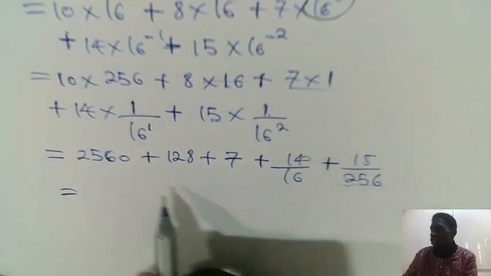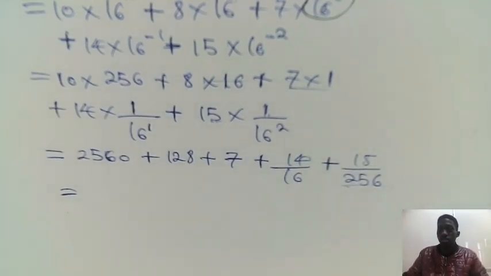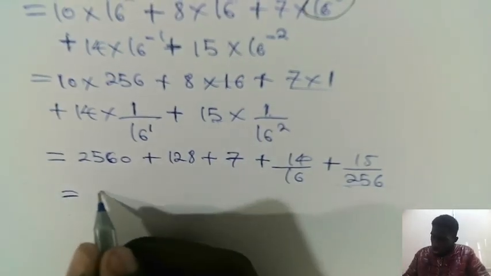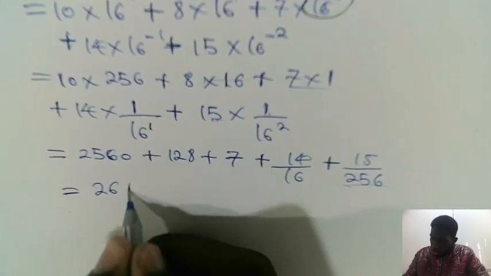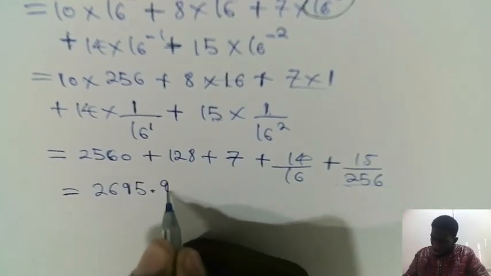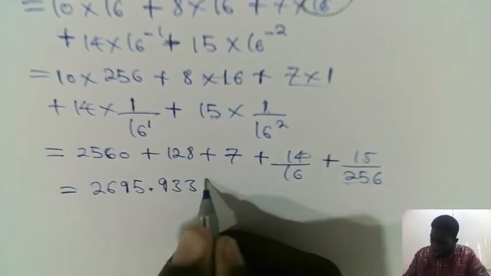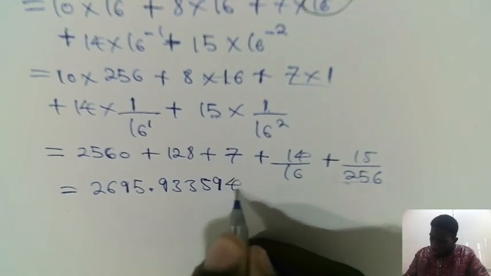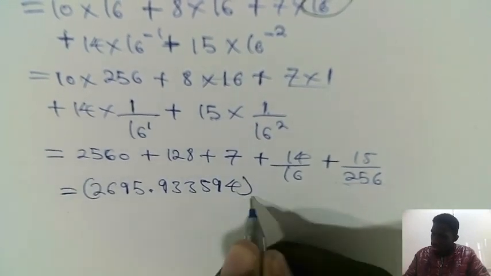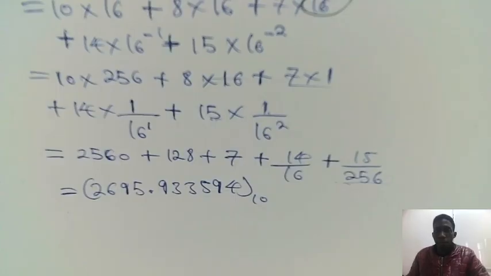So you can just use a calculator to evaluate everything here, and then you'll get 2,695.933594 in base 10. So that's the answer.